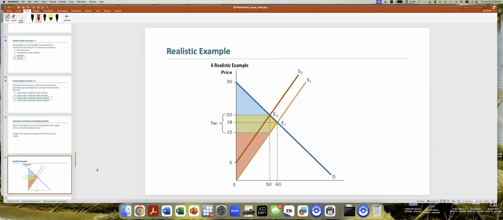So we can see that of this $5 tax, about 60% of it, or $3, is being covered by the seller, and the remaining portion, about 40%, or $2, is being paid for by the buyer. So this would be the example when supply is more inelastic than demand.